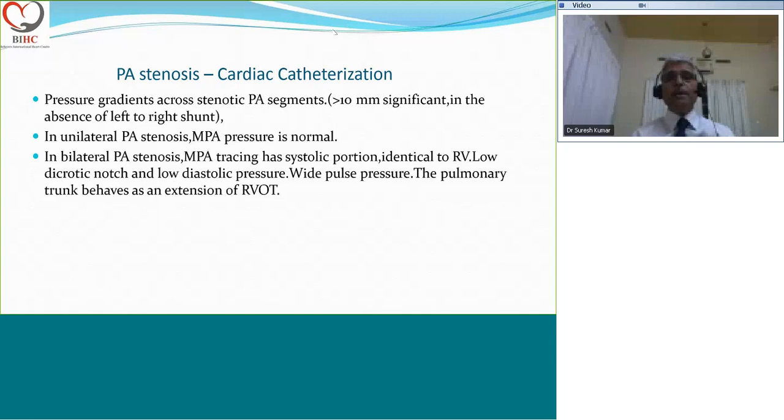The pulmonary trunk is now behaving as if it is an extension of the RVOT, because even though the valve is there, the valve leaks liberally as the RV systolic pressure is very high. So the RV outflow and the main pulmonary artery are in direct continuity, even in systole and diastole, and the obstruction is at the bifurcation or further on.